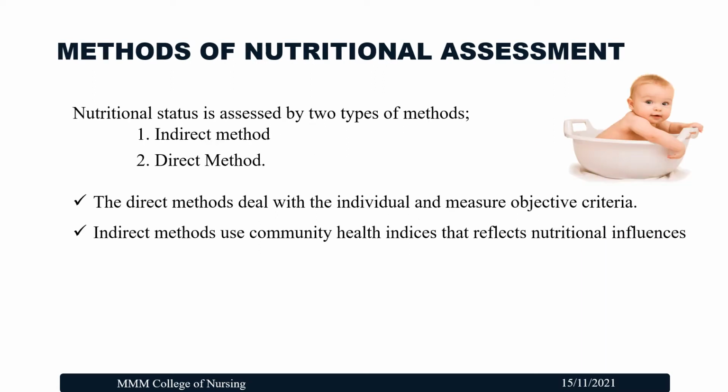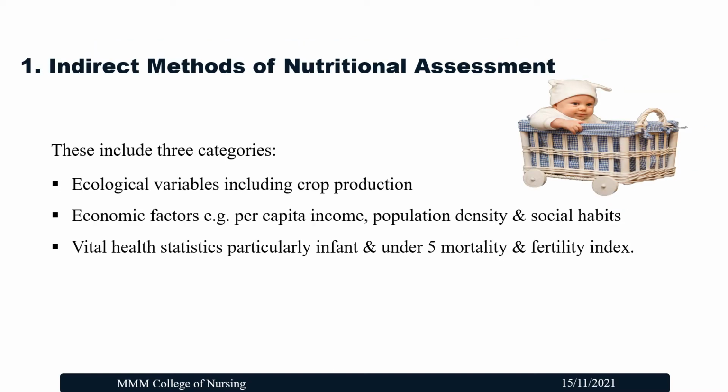Next is methods of nutritional assessment. There are two methods of assessment, indirect method and direct method. The direct method deals with the individual and measures objective criteria, whereas the indirect method uses community health indices that reflect nutritional influences. First is the indirect method of nutritional assessment.